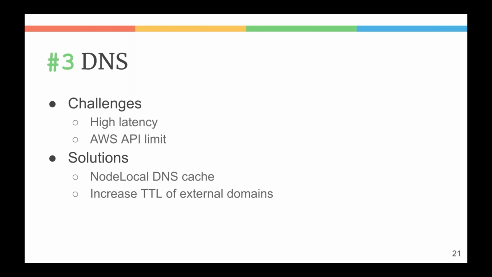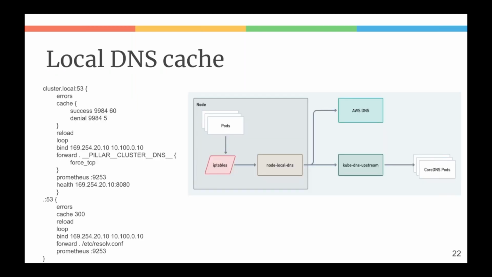The first is we enabled the NodeLocal DNS cache, and then we also increased the default TTL for the external domains. The local DNS cache is probably well known, already supported by Kubernetes.